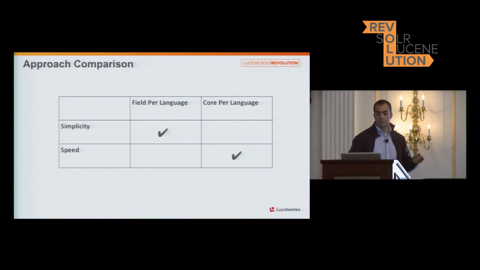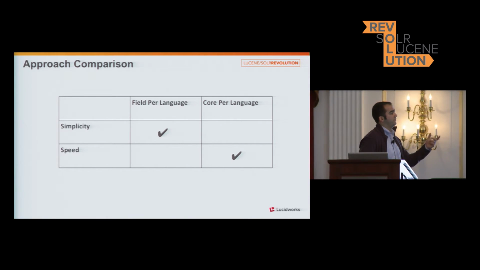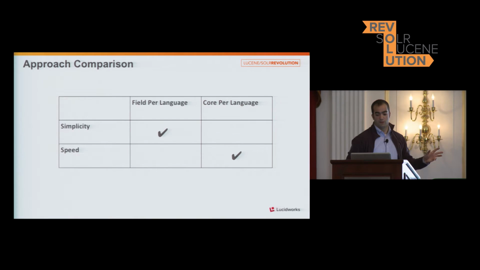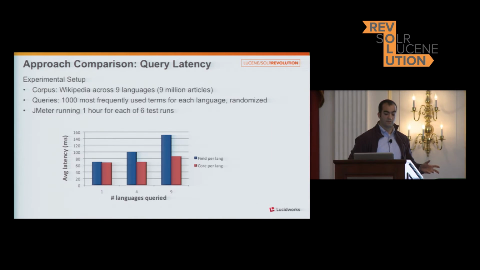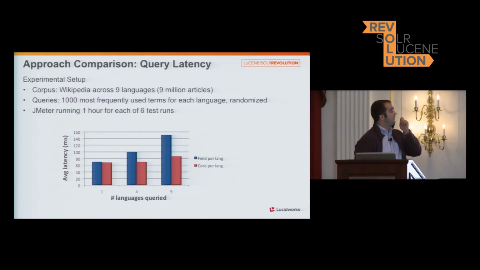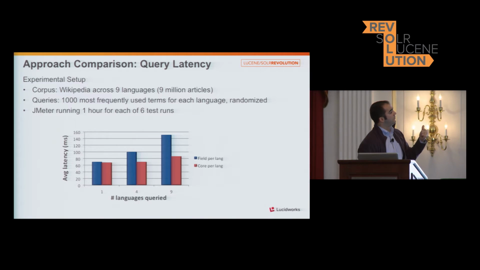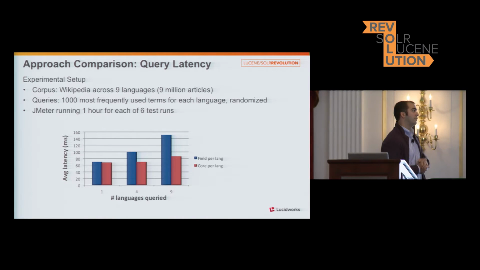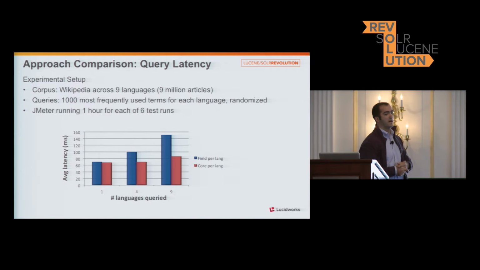So to put some numbers on that, because people point that out, but I had never really seen numbers. So I wanted to run an experiment just to at least present numbers behind this. Here's an experiment that I ran where my document corpus was Wikipedia across 9 languages.